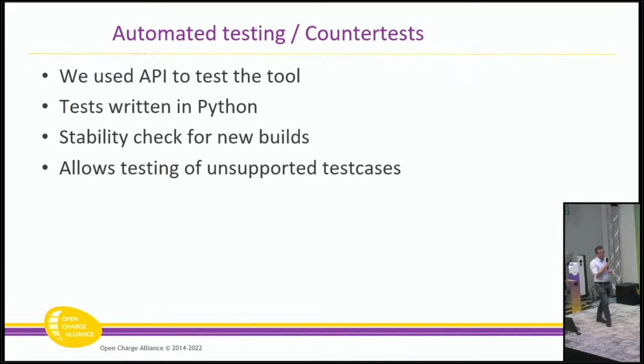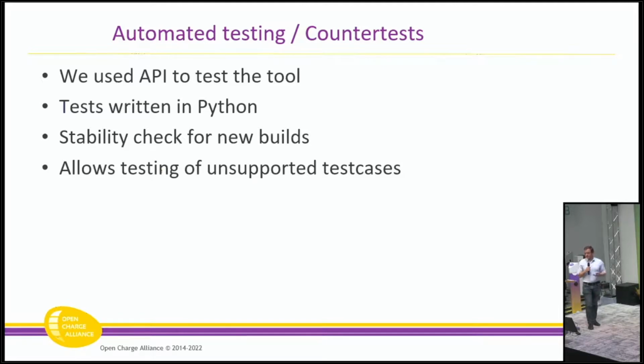There we go. So we use the APIs ourselves to be able to test the tool. The counter tests we used were written in Python, and it allowed us to run multiple tests before actually releasing the build, and it also allowed us to test certain test cases that we don't have a stub for that supports the test case yet.